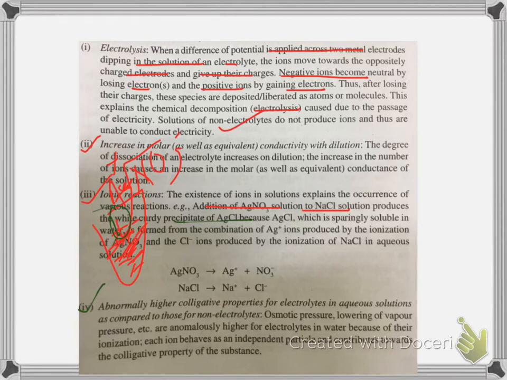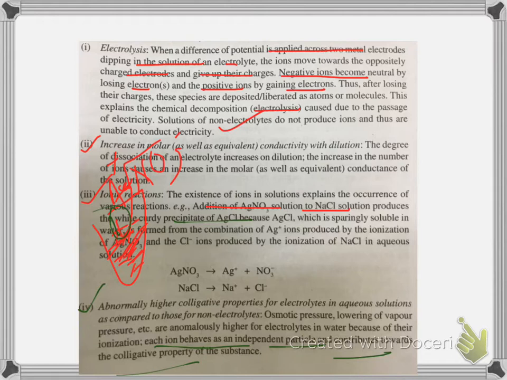Osmotic pressure, lowering of vapor pressure, etc. are the important colligative properties that you have studied, and these properties are anomalously higher for electrolytes in water because of their ionization. Due to their ionization, the number of particles in solution is much higher than the normal expectation. Each ion behaves as an independent particle and contributes towards the colligative property of the substance.